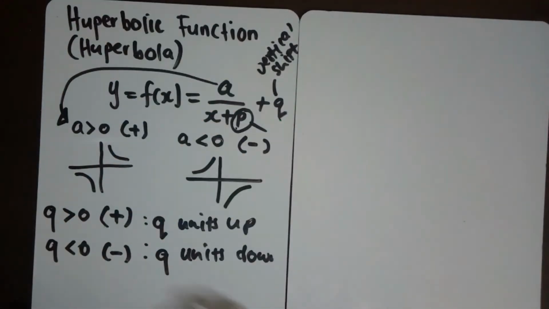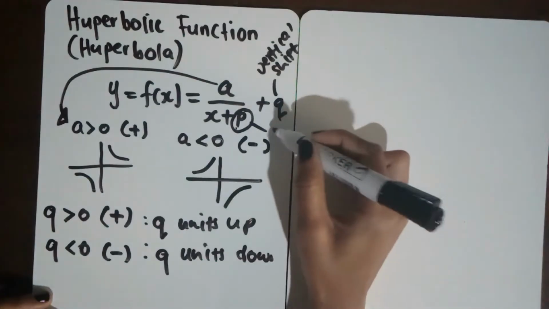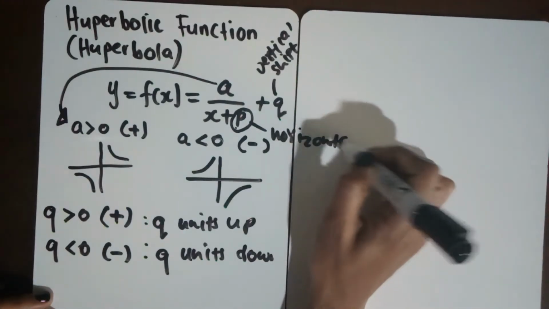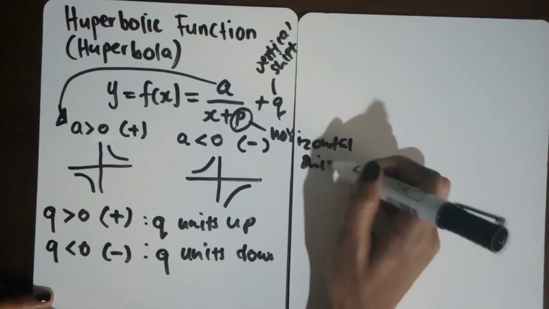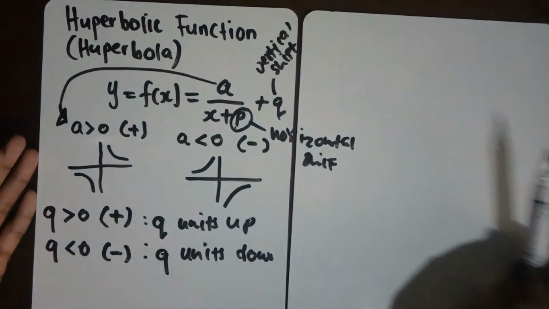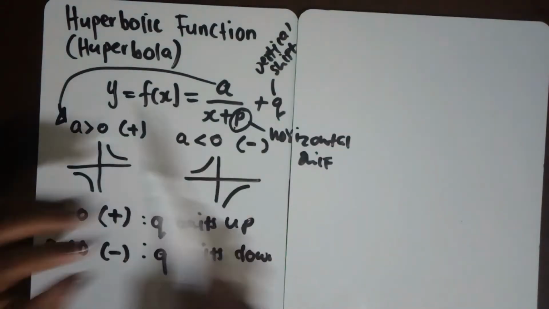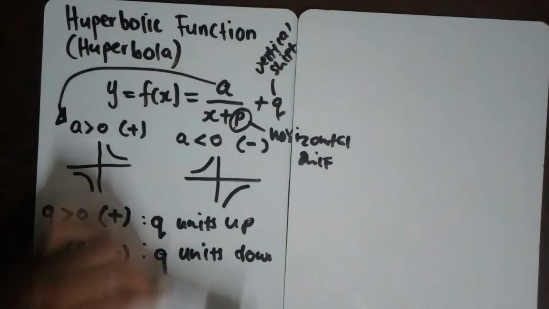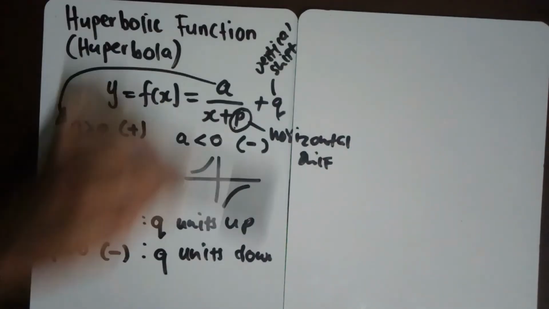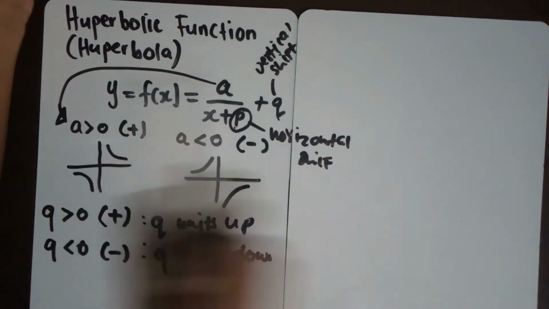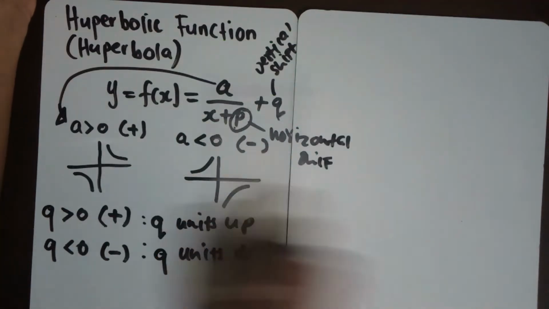So p is our horizontal shift, right? It depends on how something shifts in the x direction. Remember, q was the vertical shift, how a function shifts up and down on the y-axis. For this one, p, it is how the function shifts on the x-axis.